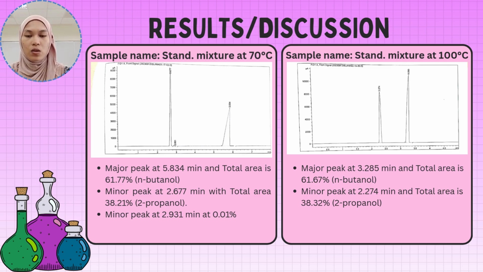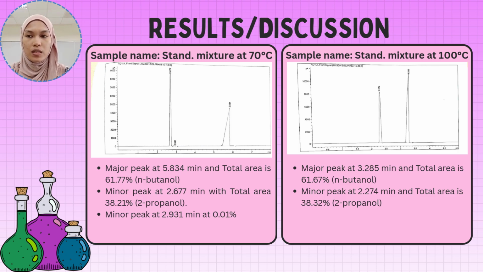The identification of these peaks was done by comparing their retention times with those of the pure compounds. This confirms that both 2-propanol and N-butanol are present in the standard mixture. Next is the standard mixture at 100 degrees Celsius, which shows a noticeable decrease in the retention time for both compounds.